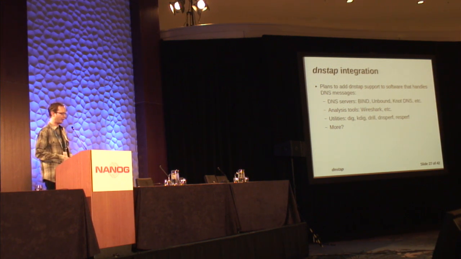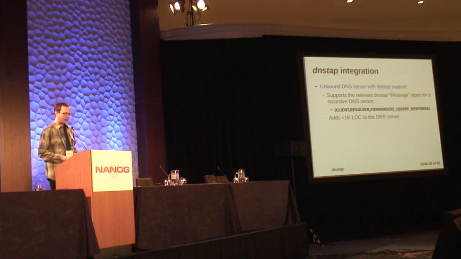It might be interesting to add support for this interchange format to all of these different tools. And obviously, it could potentially enable more applications by having this interchange format available.